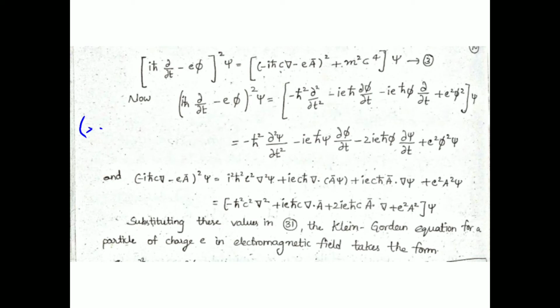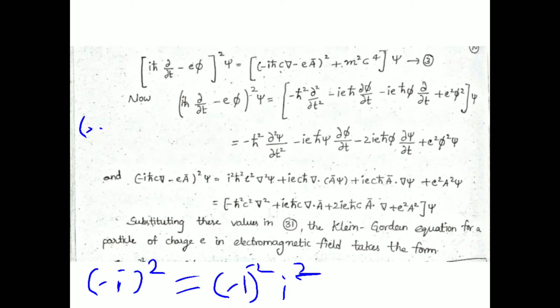Actually if we take minus I whole square, it could be minus 1 whole square into I square. So finally what we would have is minus 1 whole square is 1, I square is minus 1. So if we do squaring of this term, we would have finally minus.